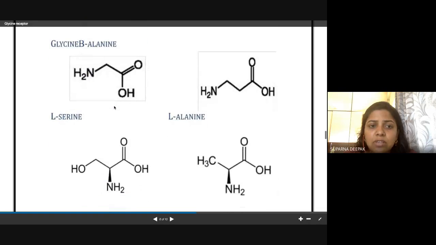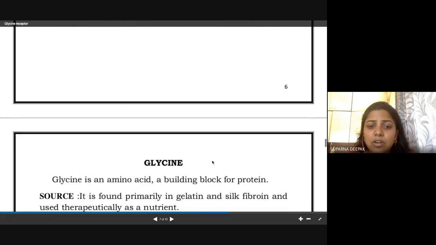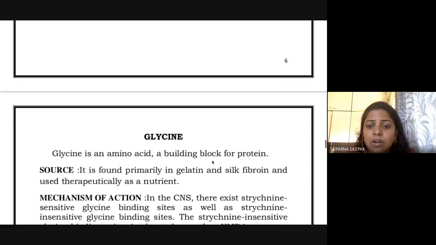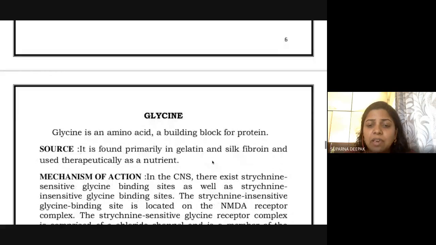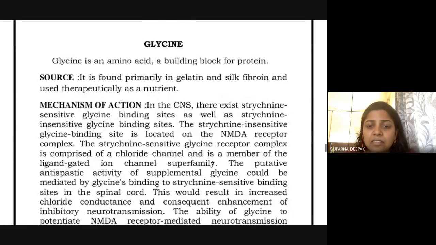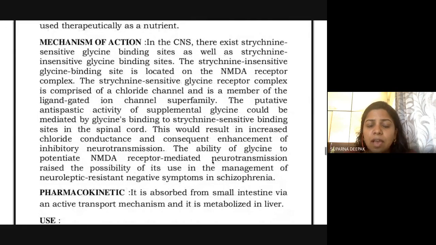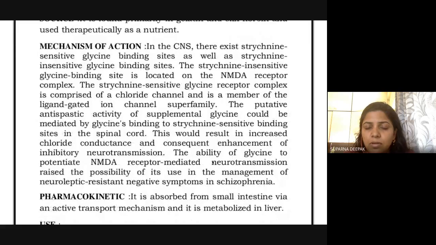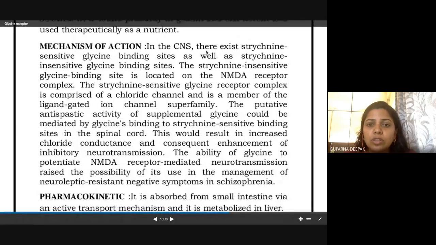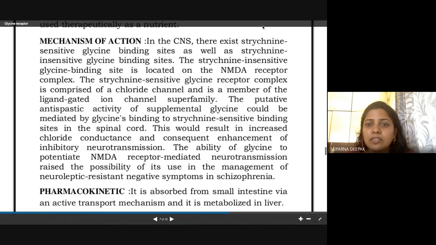If you see their structure, it is very much similar to glycine, and that is how they act as agonists.